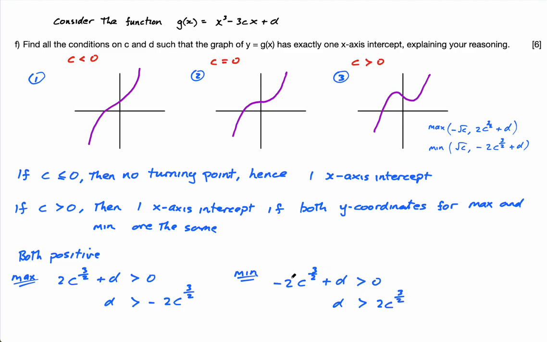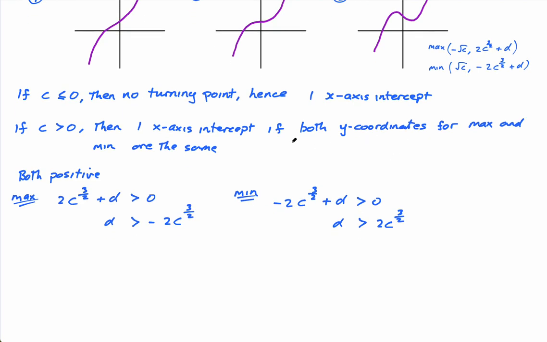So obviously, I didn't even need to calculate the positive one, because if the minimum is above the x-axis, then I'm going to have only one root. Or if the maximum is below the x-axis, so I should have just gone with that, to be honest. But anyway, it's fine.